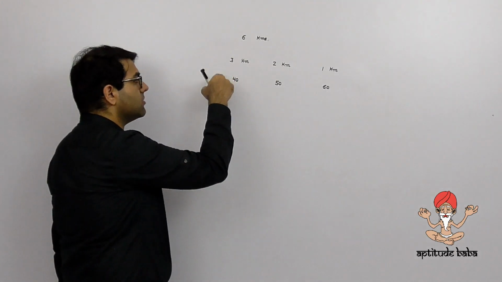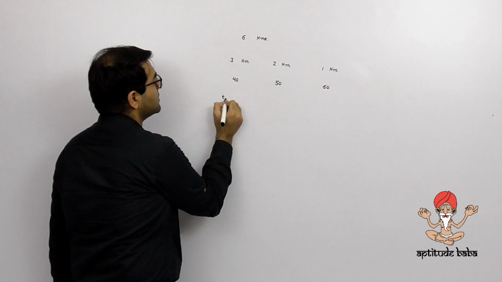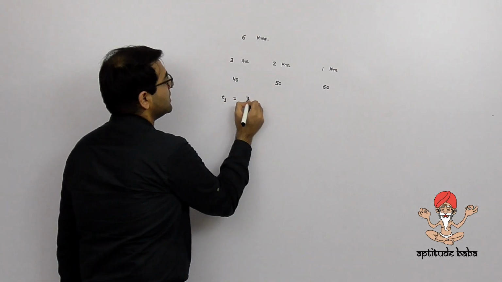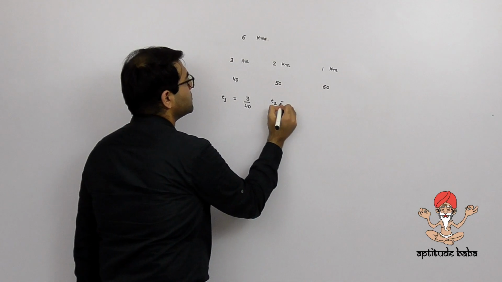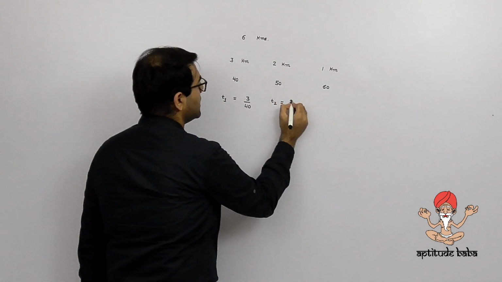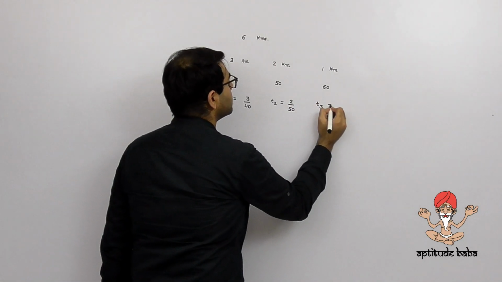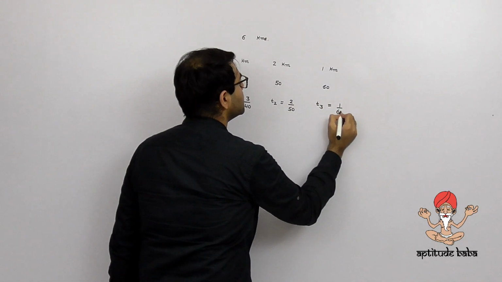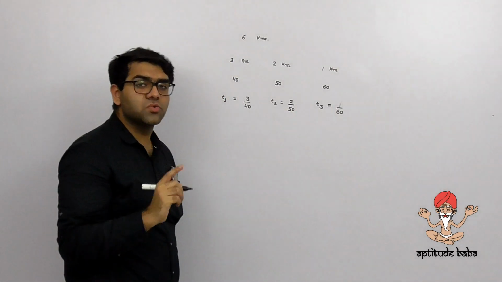If we travel 3 kilometers at a speed of 40 kilometers per hour, from here we can calculate the time of the journey as 3 by 40 of an hour. Similarly, we can calculate the time of the journey for a third of the distance as 2 by 50 of an hour. And the time taken to travel the remaining distance will be 1 by 60 of an hour. Adding these three, I can calculate the total time.